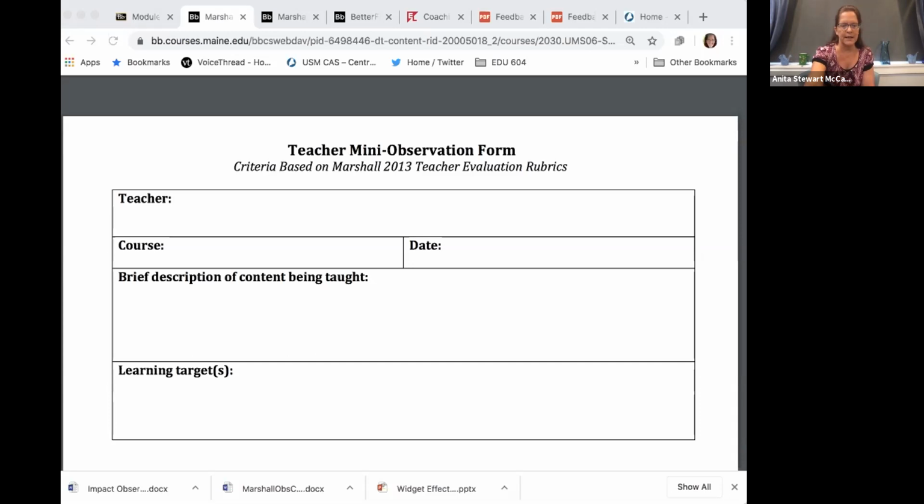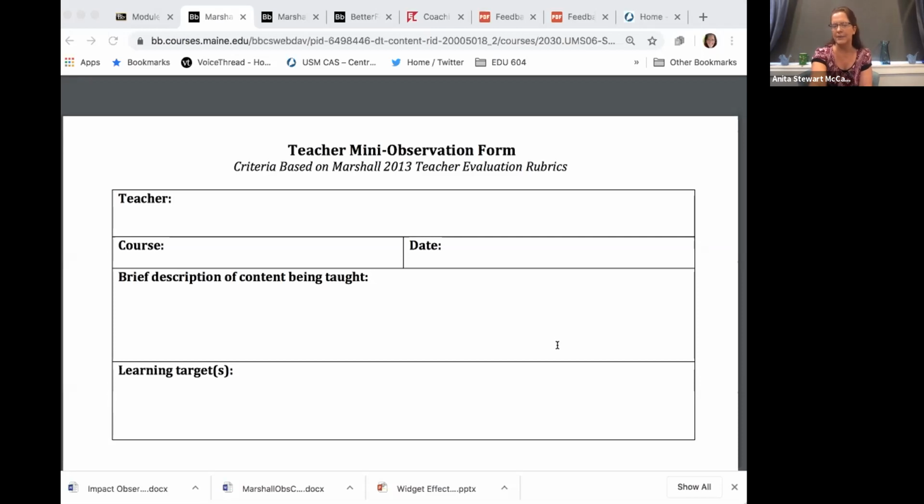All right, let's look at a couple of other tools real quickly. Well, actually, let's look at another one that I have put in your, or uploaded into, the assignment folder. This is the one that I was talking about. It has the four different prompts, if you will: one around content, one around alignment to standards, another around instructional or assessment strategies, and then the fourth around impact.